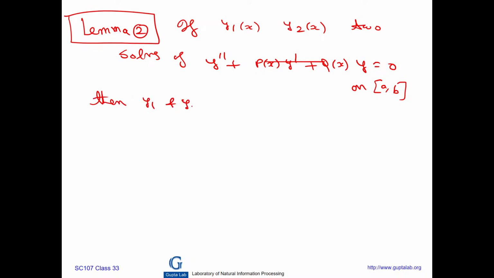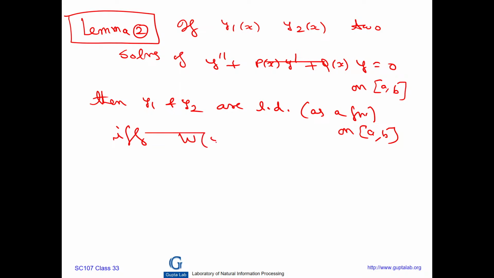y1 and y2 are linearly dependent as a function, right, on closed interval a comma b, if and only if their Wronskian y1 y2, which is y1 y2 prime minus y2 y1 prime, is 0.